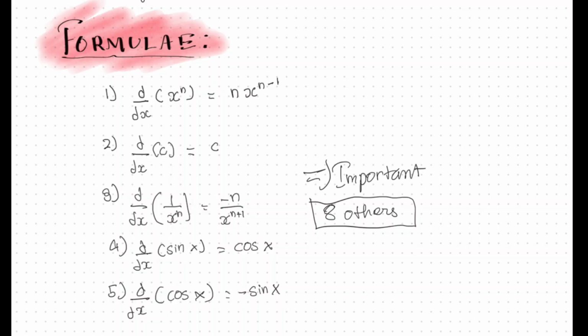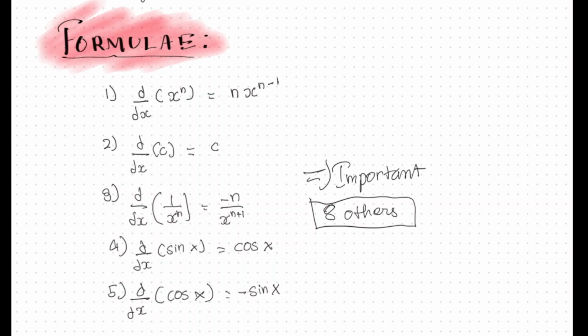The fourth formula is d by dx of sin x, which will be equal to cos x. So if you differentiate sin 30, the answer would be cos 30. That's it. And then the last formula, differentiation of cos x, would give you negative sin x. So differentiation of cos 30 would give you minus sin 30.